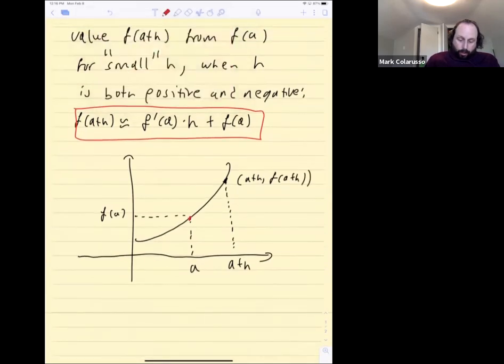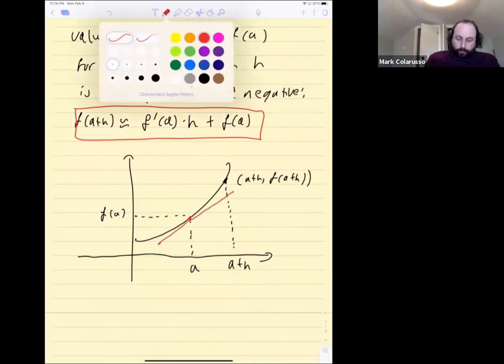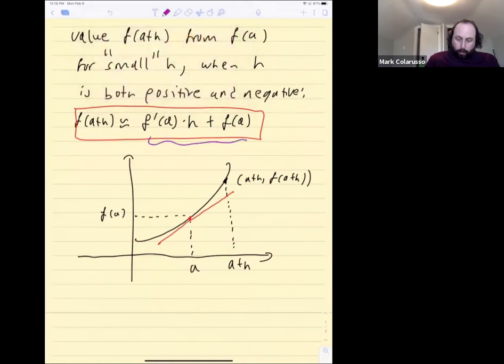So here's my tangent line. This value here in purple is the value of the tangent line at a plus h. So this is the point a plus h, f prime at a times h plus f of a.